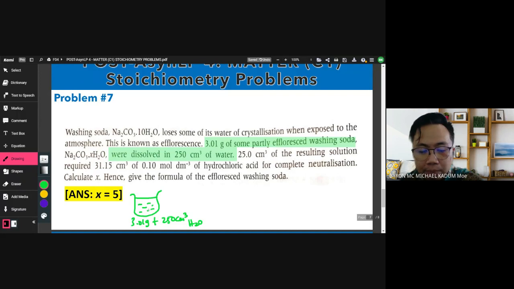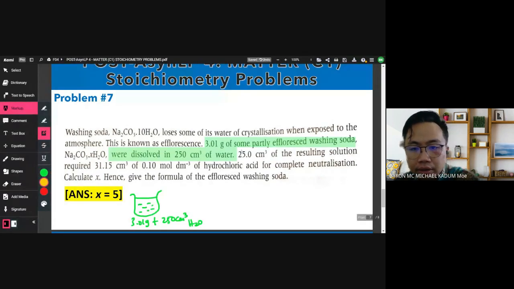And then what happened? They took 25 centimeter cubed of the resulting solution. So this is the resulting solution just now.